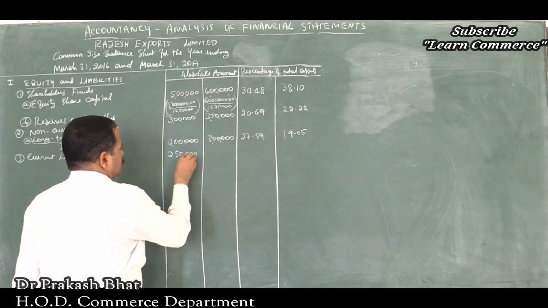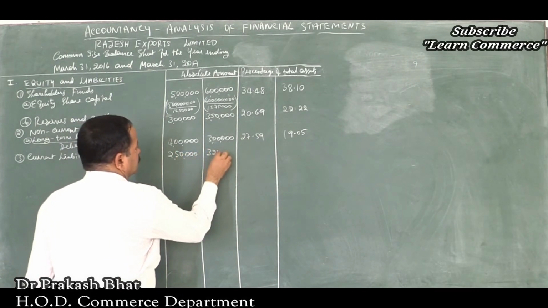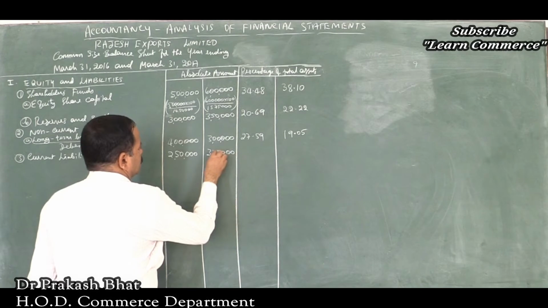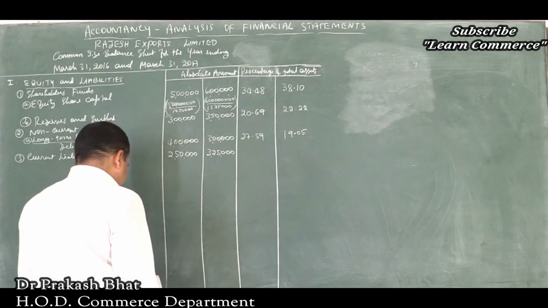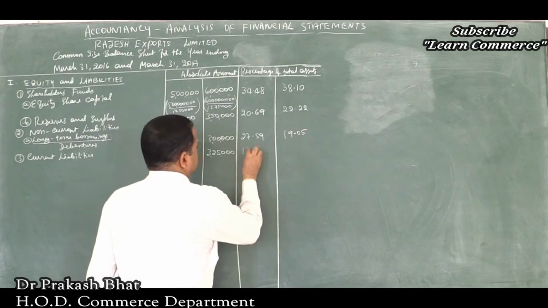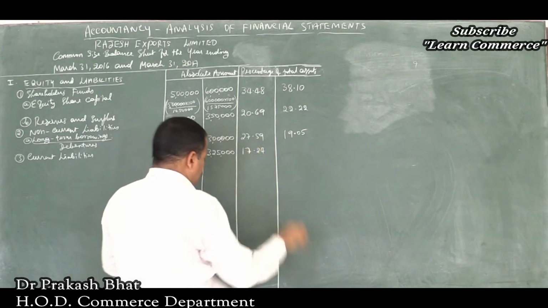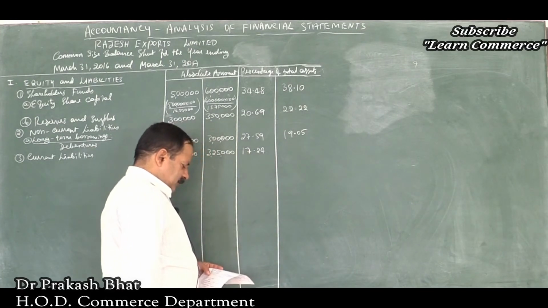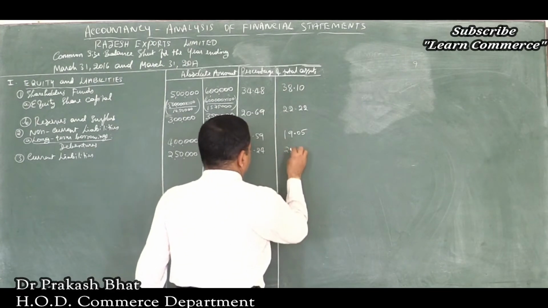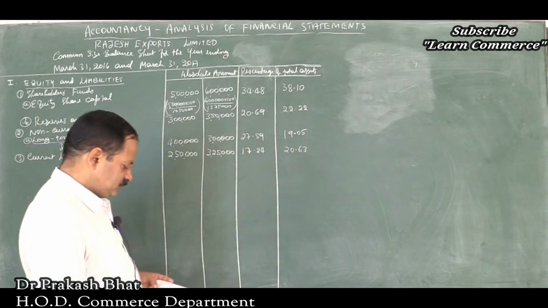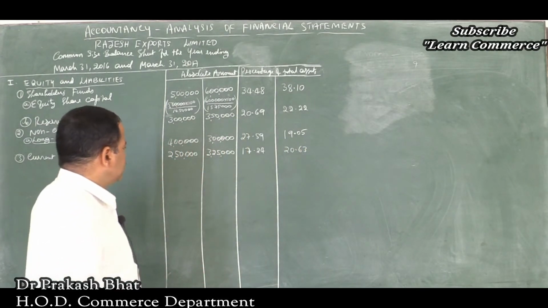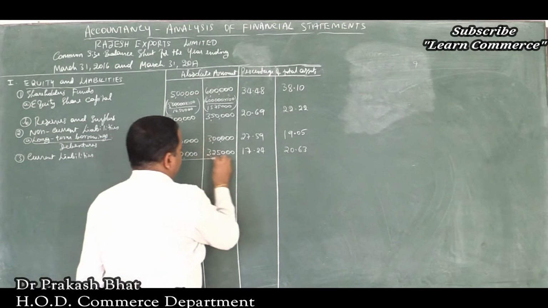The percentages are 17.24 and 20.63. Yes, that's all. Now, write the total.